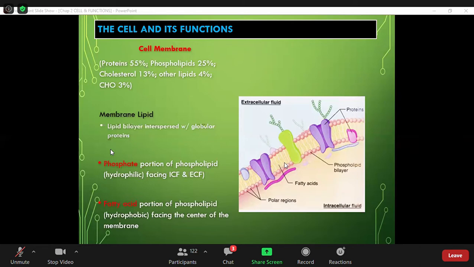This is the one that will allow the water to pass through. And there are pores in the membrane, the aquaporins, that is where your water passes through. So you have to memorize this.